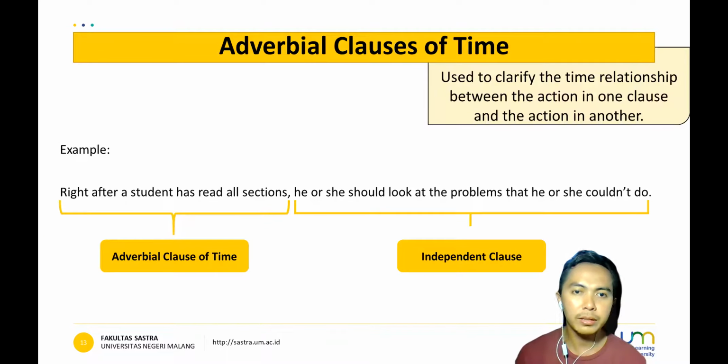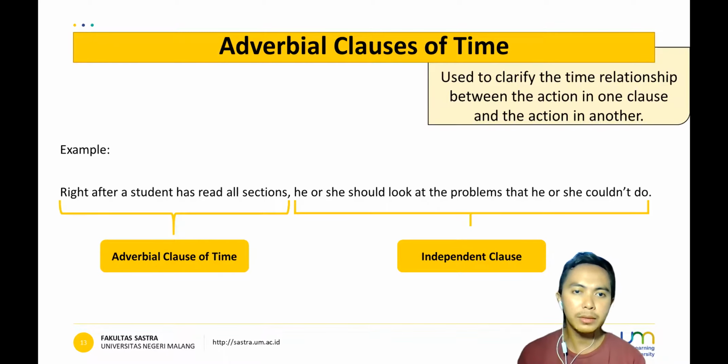Next, the adverbial clause of time is used to clarify the time relationship between the action in one clause and the action in another. We show the time right after a student has read all sections, using this adverbial clause of time to show that he or she should look at the problem that he or she couldn't do.